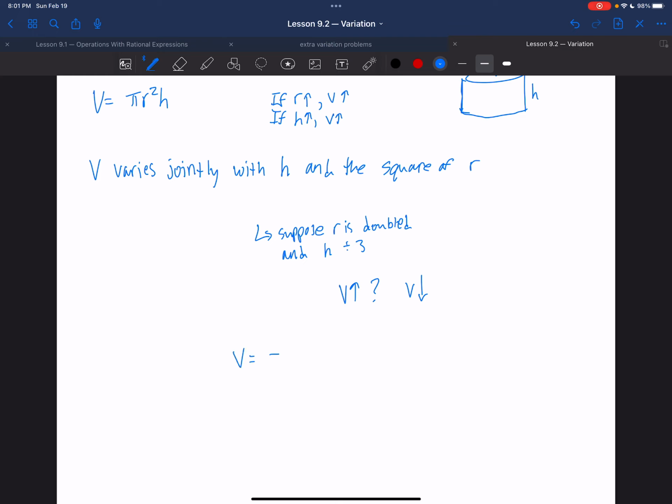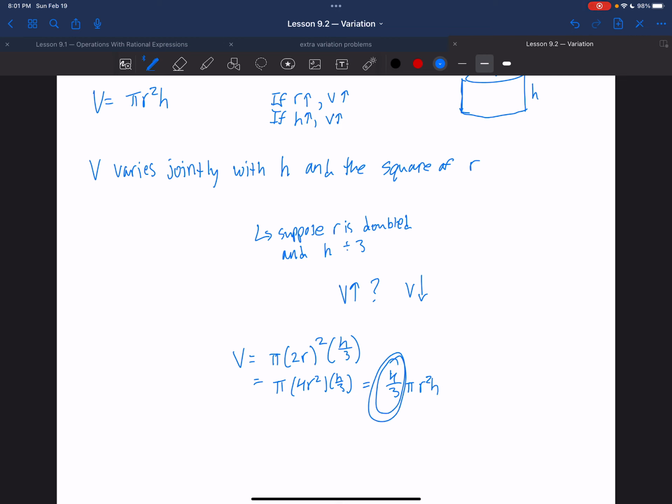Except if volume equals pi r squared h, if r is doubled, then that's 2r squared, and if h is cut by 3, then that's h over 3. So it's pi times 4r squared h over 3, which, if you put the constants out to the side, is volume equals 4/3 pi r squared h.